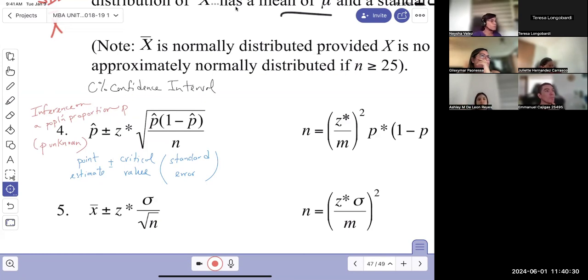You're going to present this as the proportion of survivors, and it's not going to be just 55%. It could be a range of values.